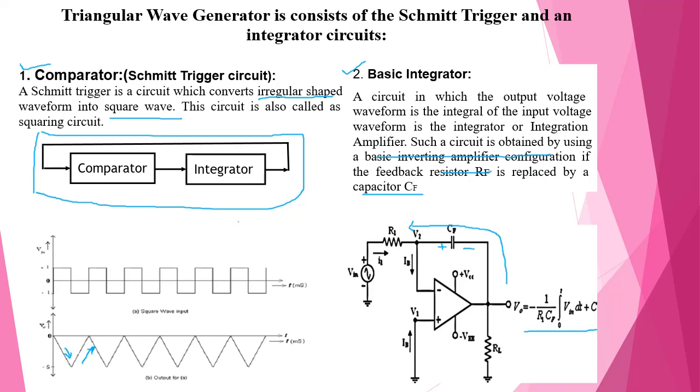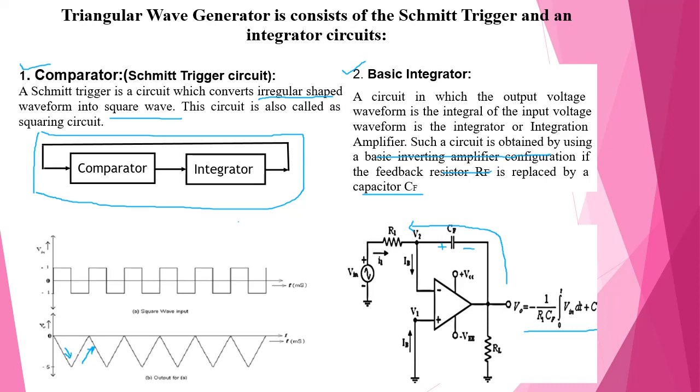If the feedback resistance RF is replaced by a capacitor, it is called a basic integrator circuit. Here the output voltage waveform is the integral of the input voltage waveform, because the output voltage is equal to minus 1 divided by R1 times CF, integral from 0 to T of Vin dt. This is the formula given.